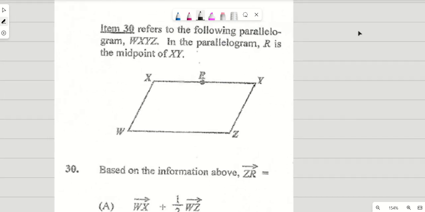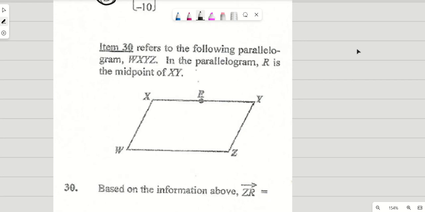This question, they brought something similar last year. Item 30 refers to the following parallelogram, WXYZ. In the parallelogram, R is a midpoint of XY.